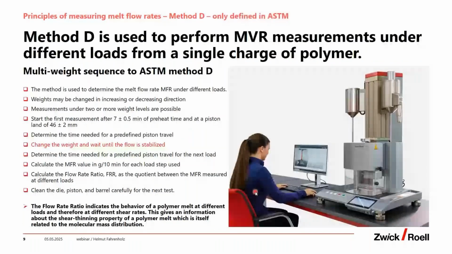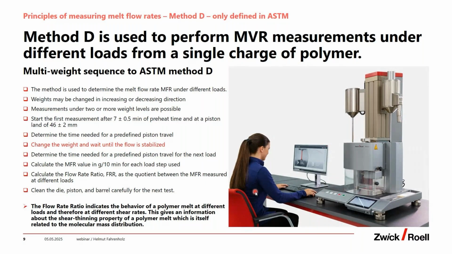Yeah, there's another method which is quite interesting for people who are interested to see more about the viscosity curve or to measure at different points on the viscosity curve. This is method D. This method D is also called the multi-stage test. So here you do the preheat time as we had before in methods A and B. But during the measurement, you change the weight.